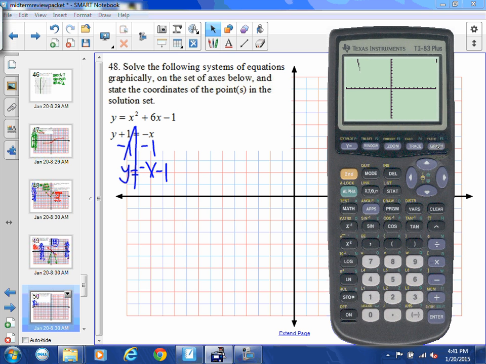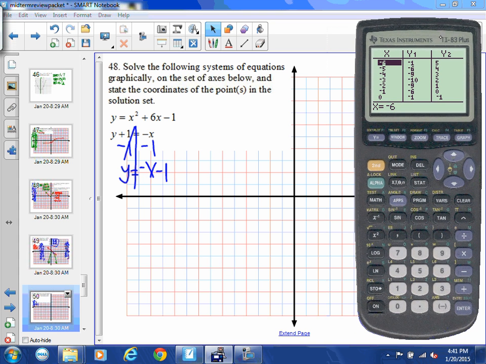So we're going to hit graph to see what it looks like. Fantastic, it's so pretty looking. Let's go to my table. I want my mirror image. There it is. So I'm going to copy on this table from negative 6 to 0.